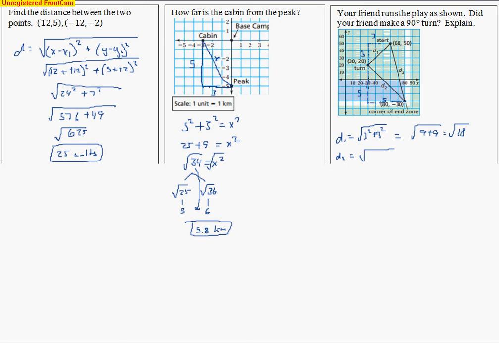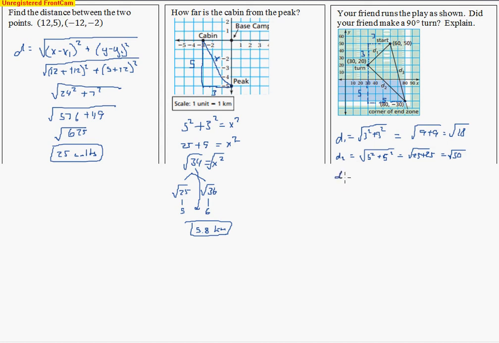Yes, 5 squared and 5 squared. When I square both those numbers, the horizontal and the vertical distance, that gives me 25 and 25, which make 50. So the square root of 50 is the distance for distance 2.